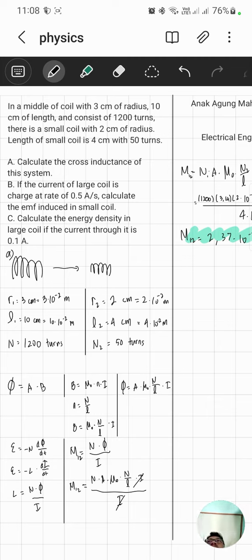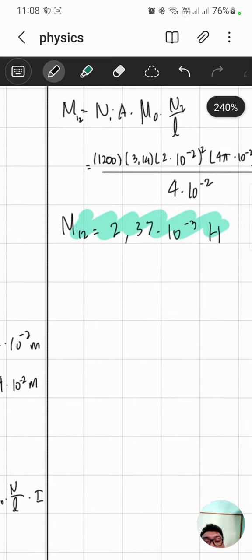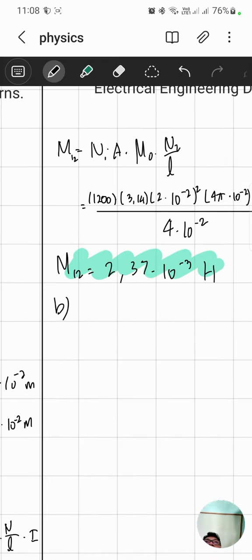To solve this problem, we need several equations. As we know, the rate of the current in the large coil is 0.5 ampere per second.